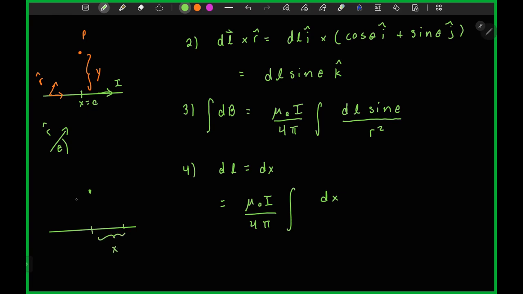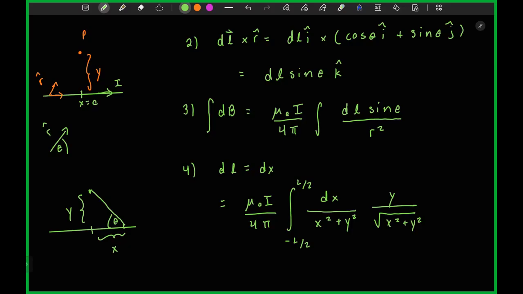We can immediately see by Pythagorean theorem that r squared is simply x squared plus y squared. And then we can see that sine theta, if we place theta right here, is y over square root of x squared plus y squared. And lastly, our bounds of integration will go from negative L over 2 to L over 2.